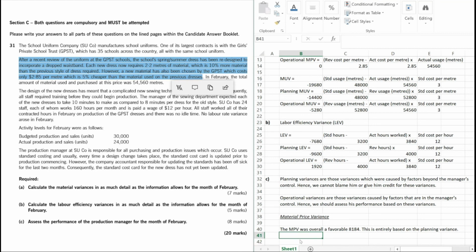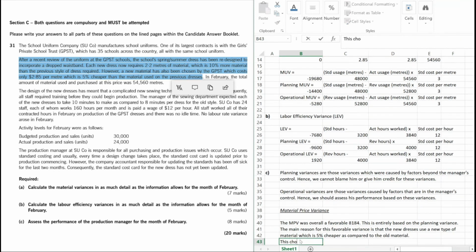The main reason for this favorable variance is that the new dress uses a new type of material, which is 5% cheaper as compared to the old material, right?